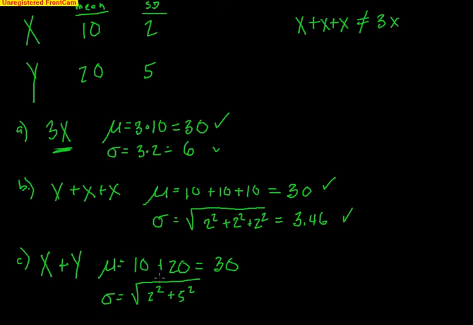So the square root of 2 squared plus 5 squared gives a total standard deviation of 5.39. Please make sure you're noting you cannot add standard deviations. You have to simply add the variance.